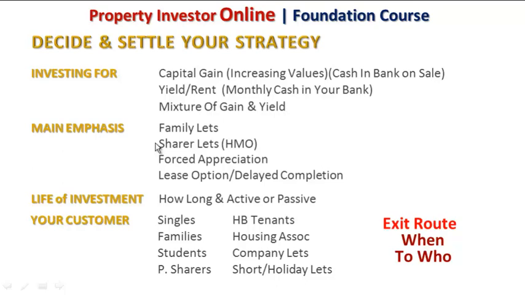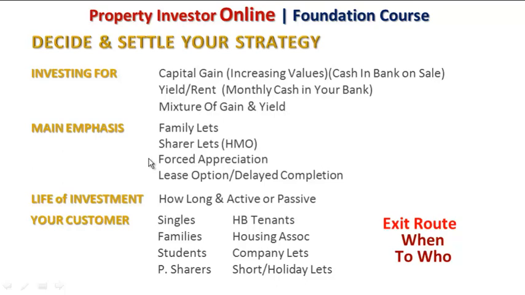Another strategy is forced appreciation, which is one of my favourites. Forced appreciation is where you buy a property that is in a run-down condition, fix it up, and the result is that the value of the property is greater than the original purchase price and the cost of fix-up.